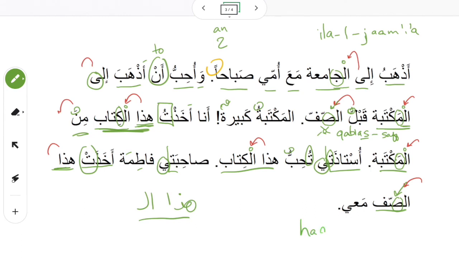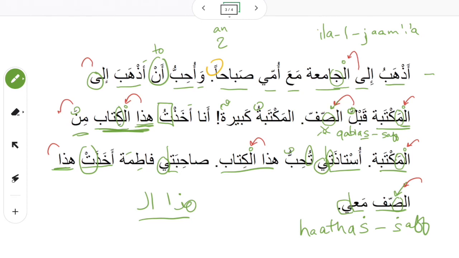So there's a shadda on it. So we're going to connect the sound from hada to the shadda on the sad. So it's going to become hada and then connect it to that sad. Hada saf. Okay, so it's going to connect. صاحبتي فاطمة أخذت هذا الصف معي. مع means with. Ya is me, so with me.